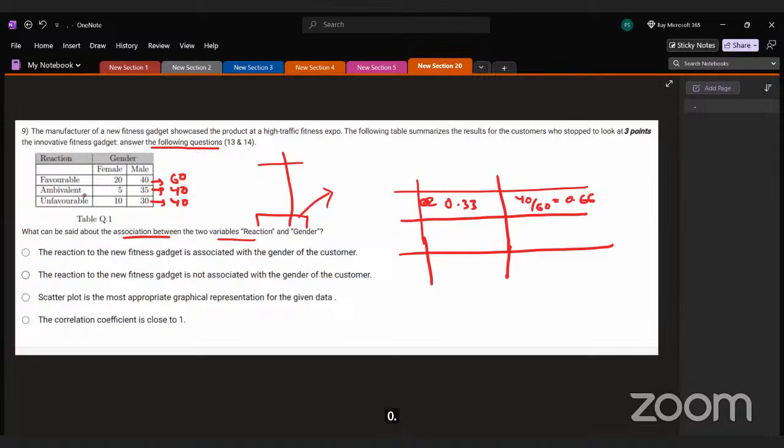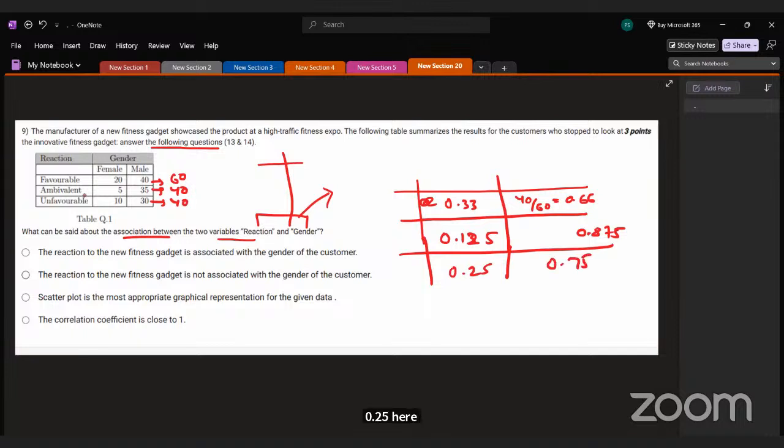For the middle column, we got 5 by 40, 0.125, you can write as 0.13. Now for 35 by 40, we got 0.875, 0.88 we can write. Now for the last column, we got 0.25 here, and 0.75.